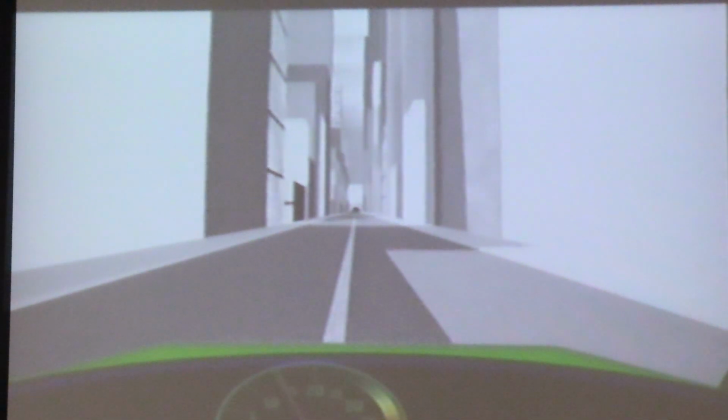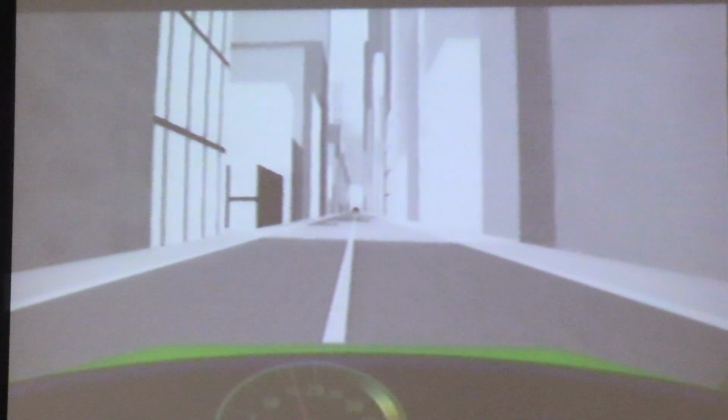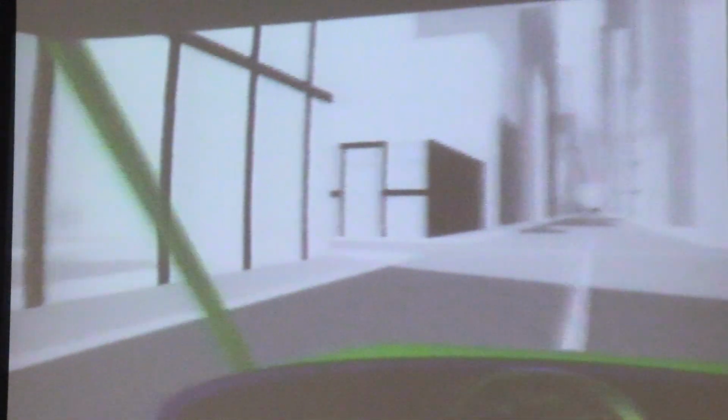When we reach 16 kilometers per hour, look around carefully. It gets darker as we look back behind us. Now look out the front windshield again.